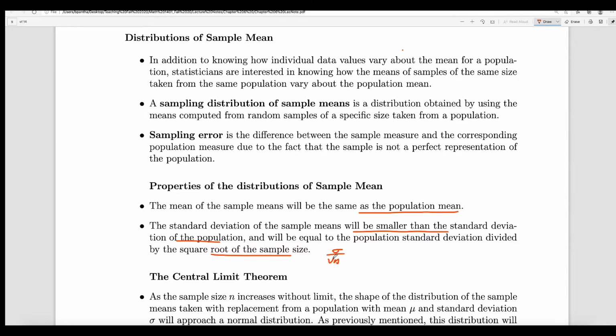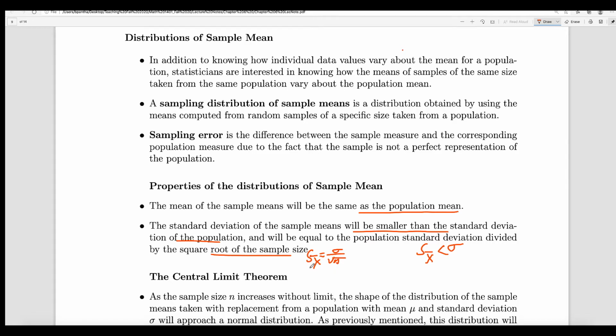Here n is the sample size, sigma is the population standard deviation. What does that mean? The standard deviation of the sample mean is smaller than the population standard deviation. But how much smaller? To be specific, it is sigma over root n.